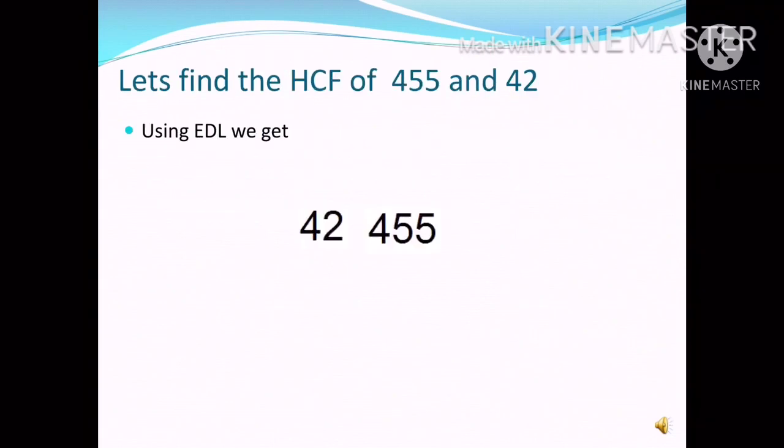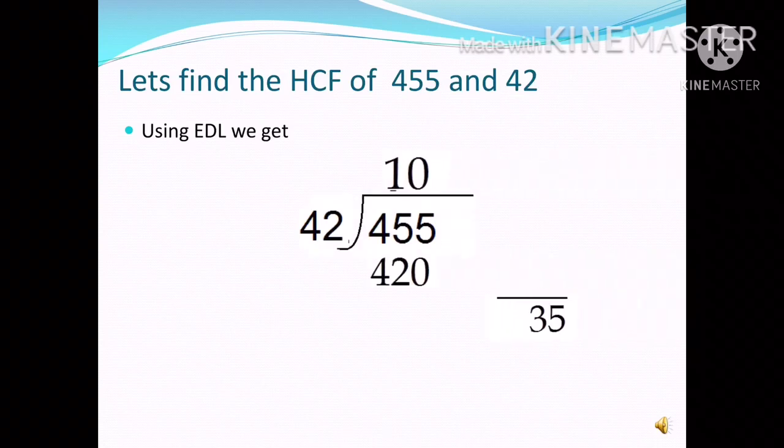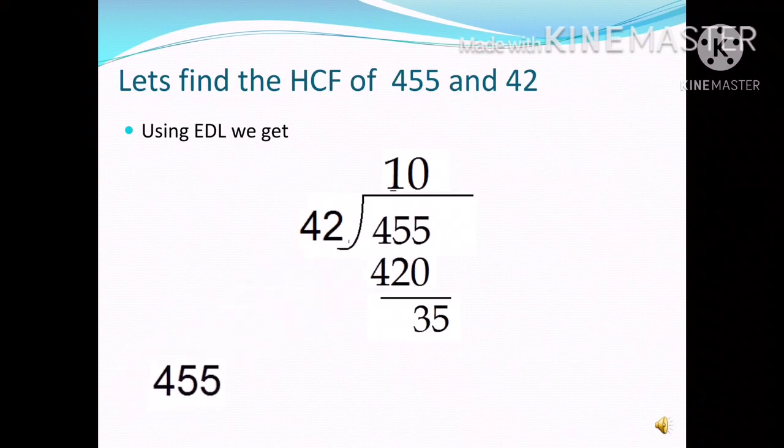To find HCF of two positive integers, say 455 and 42, we divide the greater number by the smaller number and we obtain the quotient and remainder. And how can we express the dividend?